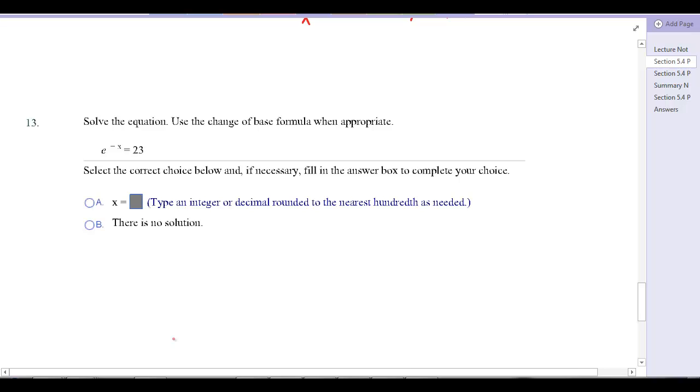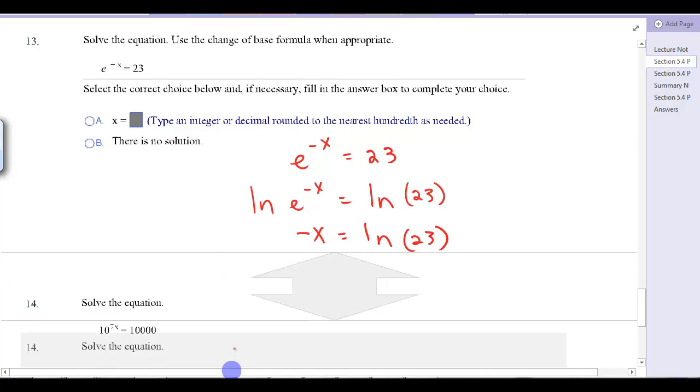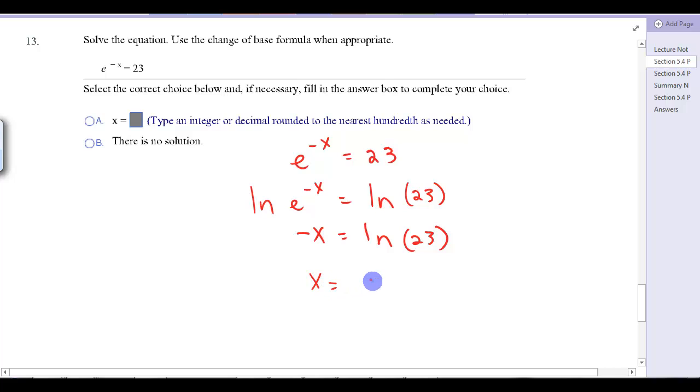All right, 13 says e to the negative x equals 23. So let's write that here. e to the negative x equals 23. Again, we'll take the natural log of both sides. All right, that means we're left with negative x equals ln 23. We'll divide by negative 1, so x equals negative ln 23.